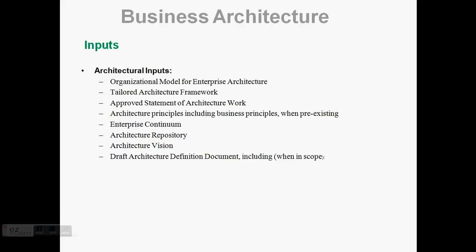The next point is about the approved statement of architectural work. We also need to have architectural principles, including business principles, whenever they pre-exist or whenever they are handy.